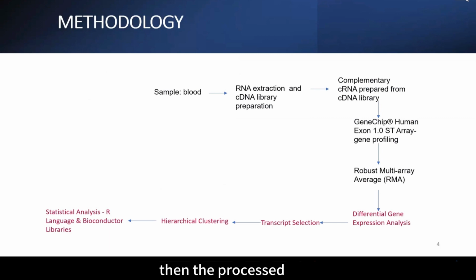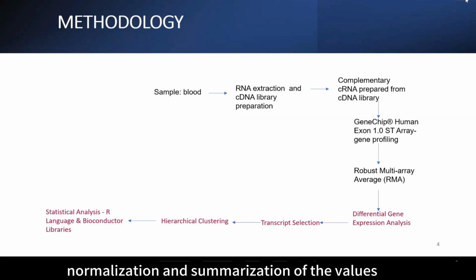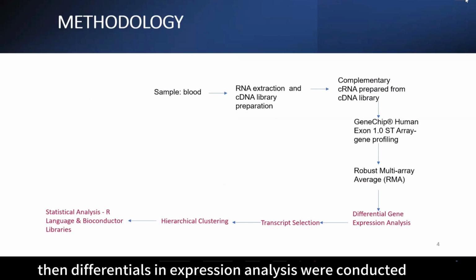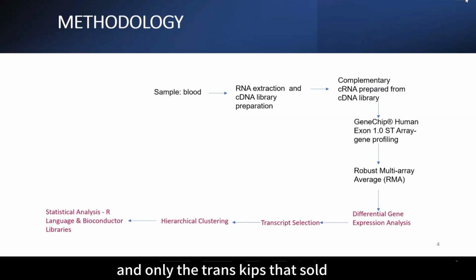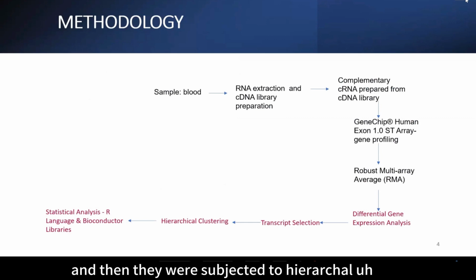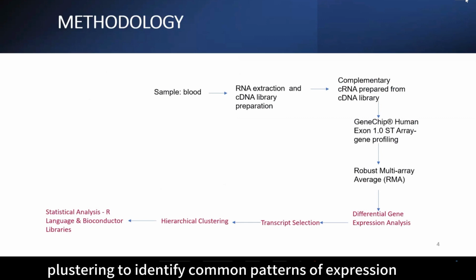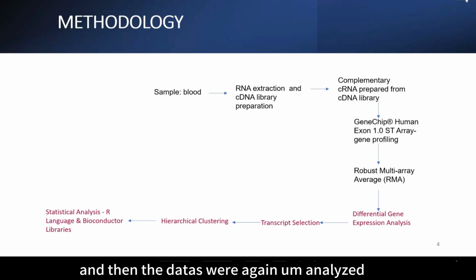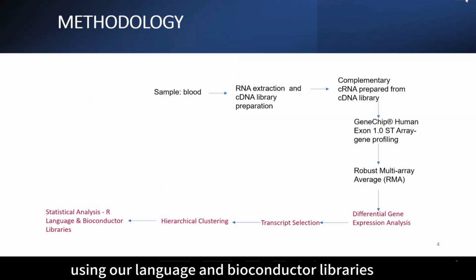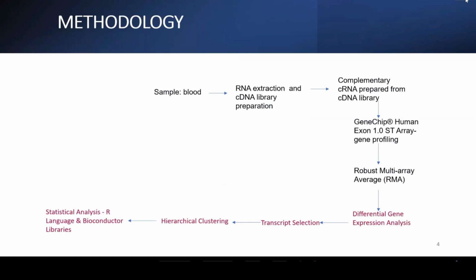Then the data were pre-processed using the RMA method for background correction, normalization, and summarization of the values. Then differential gene expression analysis was conducted, and only the transcripts that showed differential expression were selected and subjected to hierarchical clustering to identify common patterns of expression. The data were then analyzed again using R language and Bioconductor libraries.